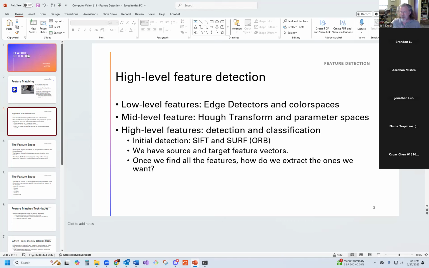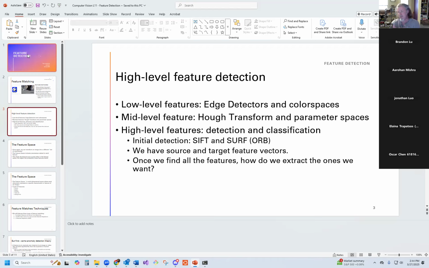And that was kind of what defined this idea of a low-level feature as well. It's a feature we can get to and access and understand without having to do anything to the pixels themselves. We can just move between color spaces and apply some algorithms and find what we want.